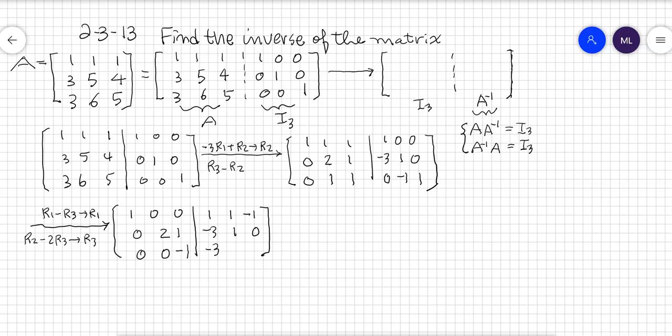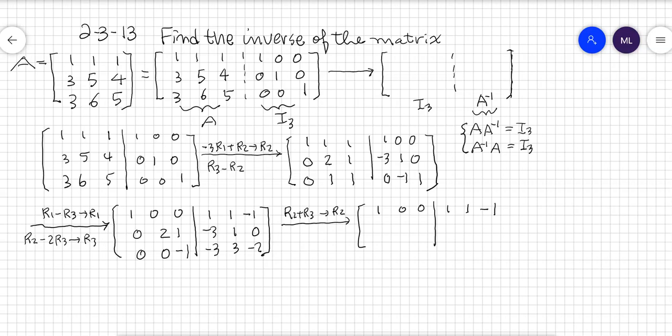And then this should be negative 2 plus 1 and then 3. And then this would be negative 2. So negative 2. Okay. So now we can go ahead and add R2 and R3 goes to R2. So that would be 1, 0, 0, and then 1, 1, negative 1.